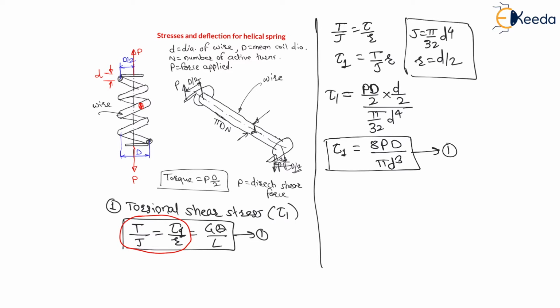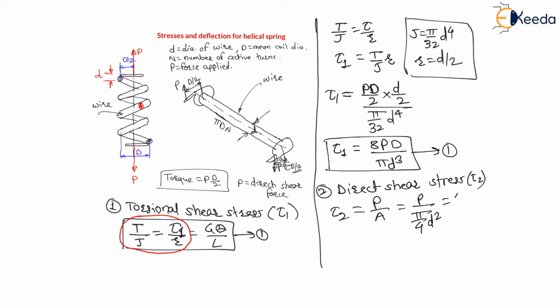Along with this torsional shear stress, because of the direct shear force, there will be a direct shear stress. Therefore, second is direct shear stress, which will be represented by tau 2. This direct shear stress will be direct shear force divided by area, which is equal to P divided by pi by 4 d square, which is nothing but 4P divided by pi d square.